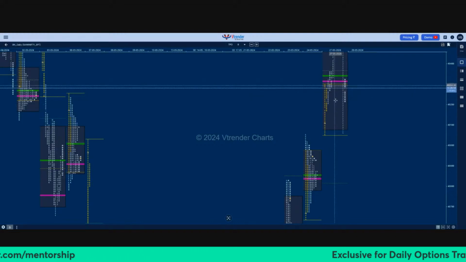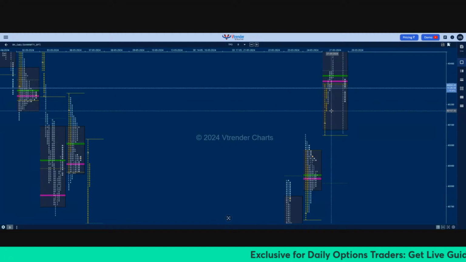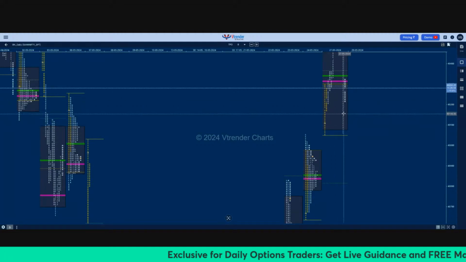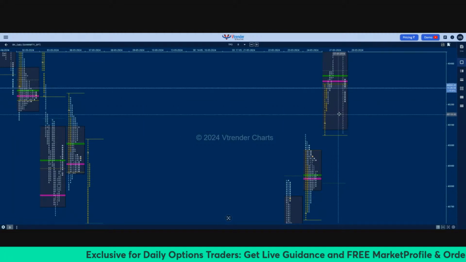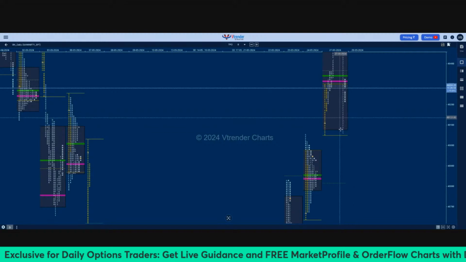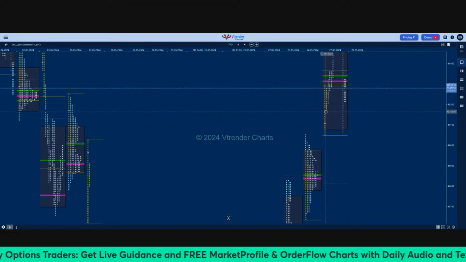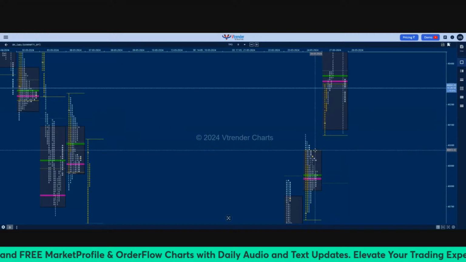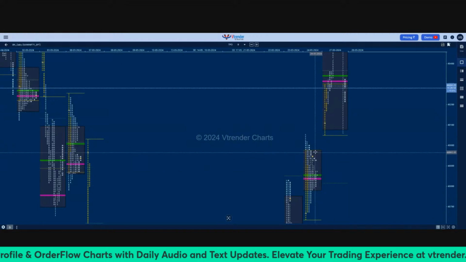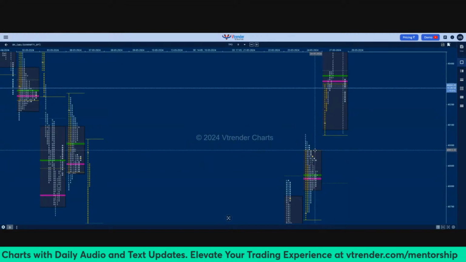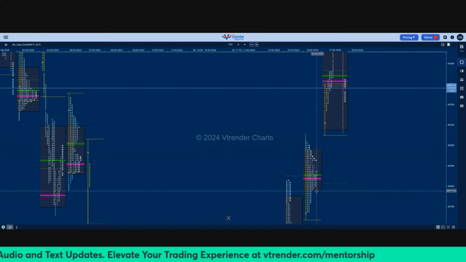Staying below this POC, we would remain weak, but we have this AP rate tail which was just swiped through. We did not accept this. So in case we get back and get accepted below this 49160 level, then we are on for this test of this value. If we get into this value, there is a very good chance of us doing the 80% rule, what we saw in Nifty today.